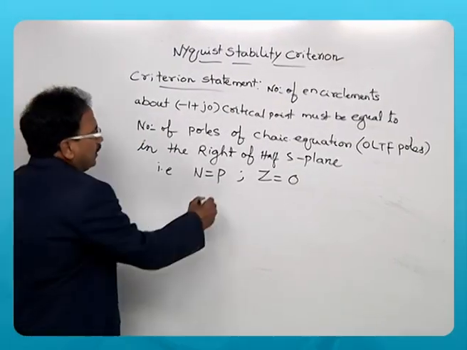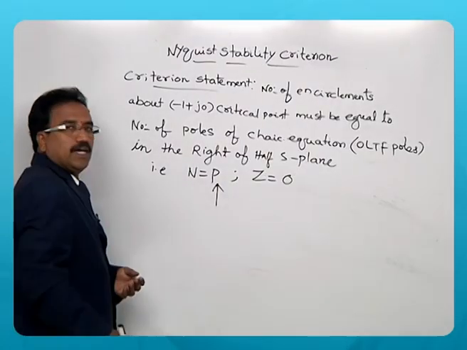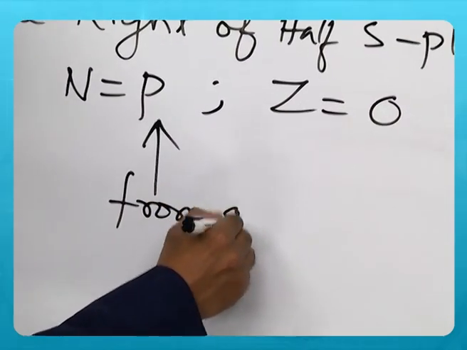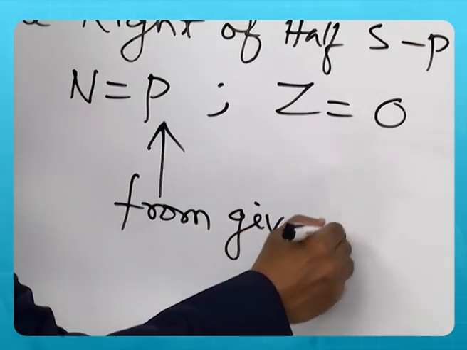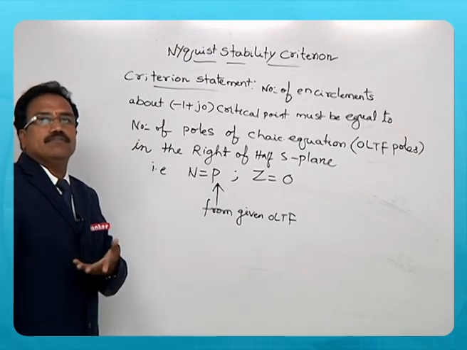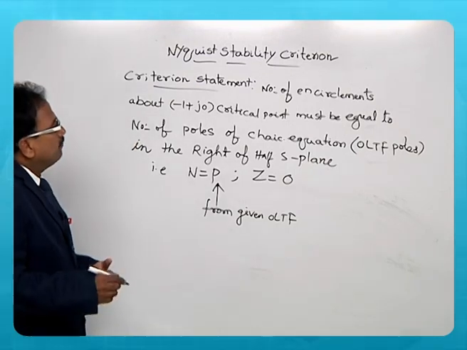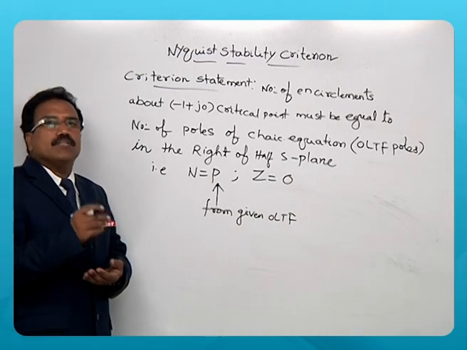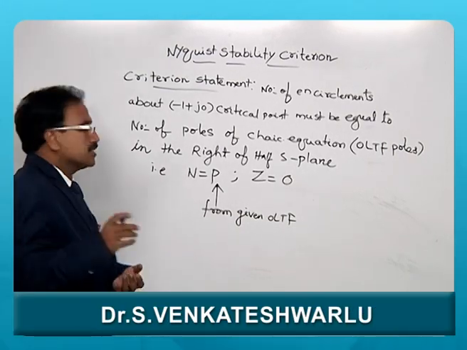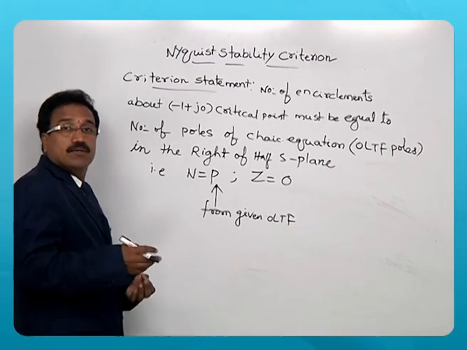So this P can be directly obtained from the given loop transfer function. The only thing we need to see is that when you map each and every section of the Nyquist contour, we must focus on the number of encirclements.